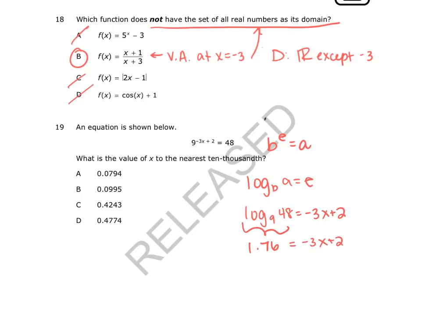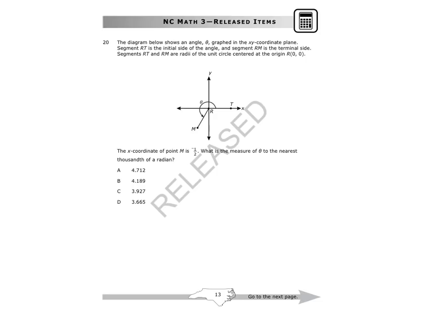I'll subtract my 2, and then divide by negative 3. And that gives me 0.079 for x, which is going to be this one, which you could have figured out just by plugging in. You can also do this one in Desmos. I'll show it a little faster.